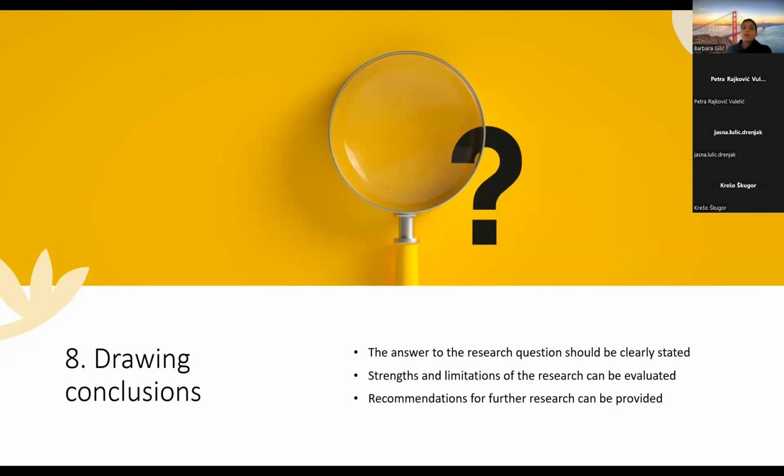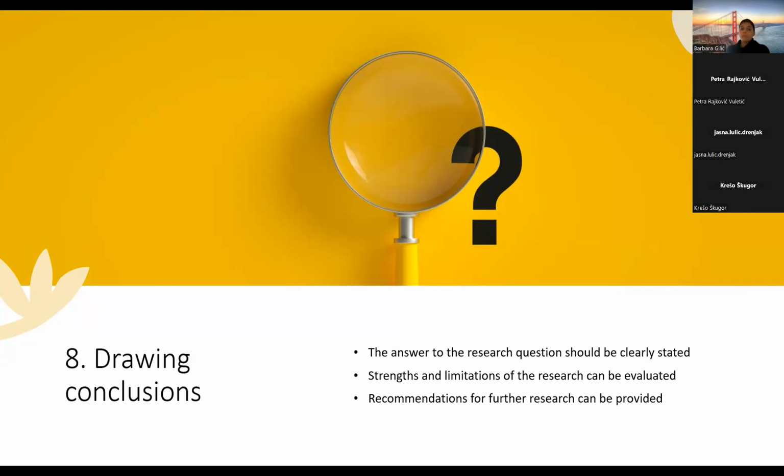So you have to write in your research article what is actually the answer to your main aim and main hypothesis, which you stated before in your research.